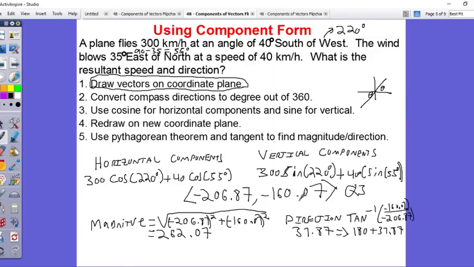That's the reference angle. So we do 180 plus 37.87, and that should be 217.87. So our direction is going to be 217.87 degrees.